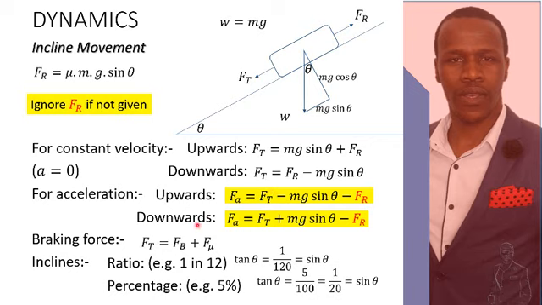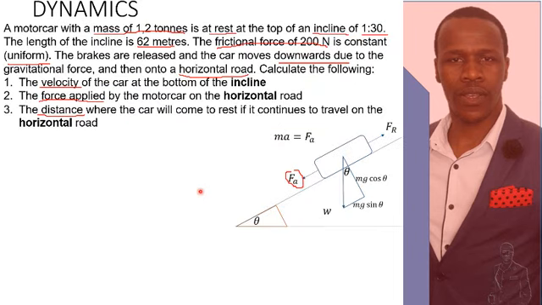If we're not given Ft, we can just omit it. We are going down, the slope is going downwards, that's what the question says. So Ft is not there. We'll just use this information. We have Fr, we have mg, so we can use it. That will be the formula to find our acceleration, so that we can substitute into the formula for velocity.